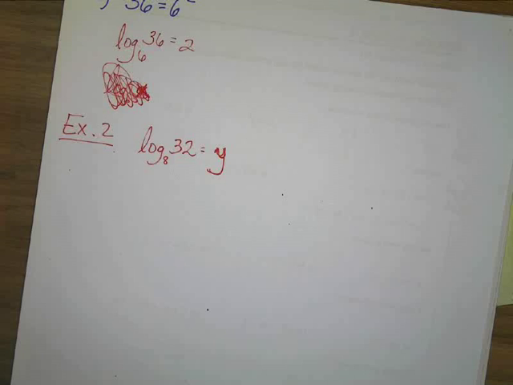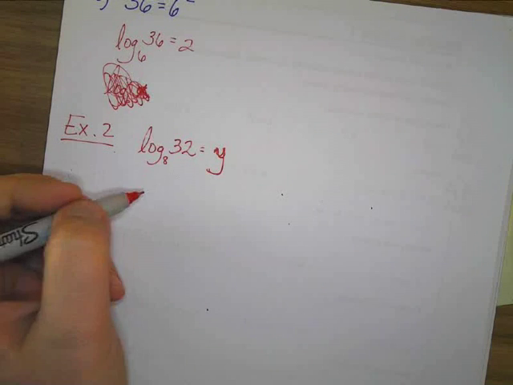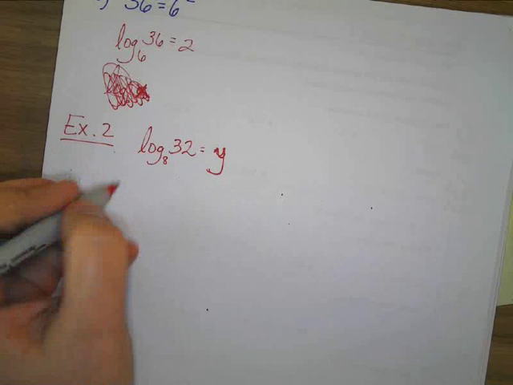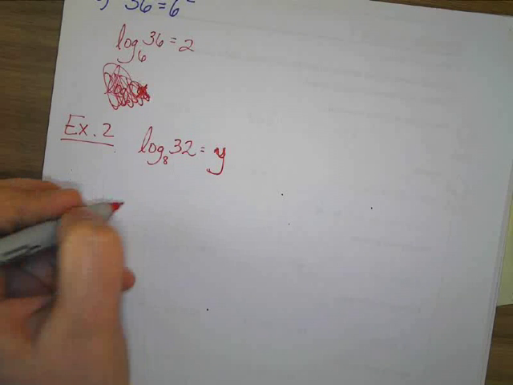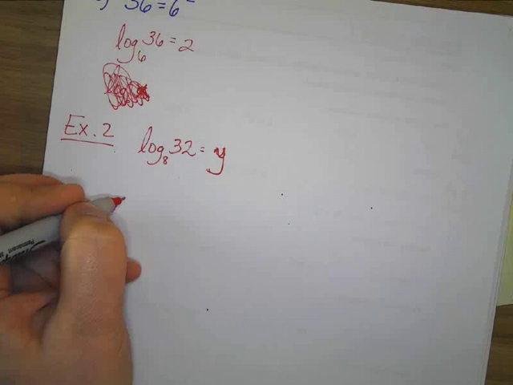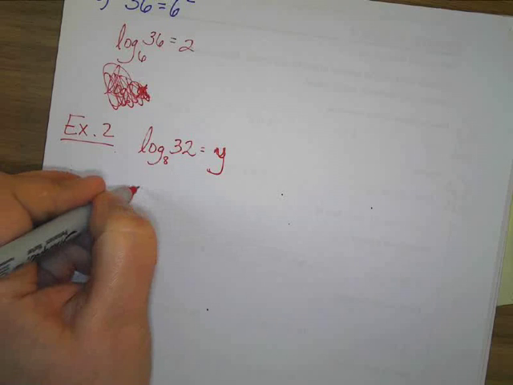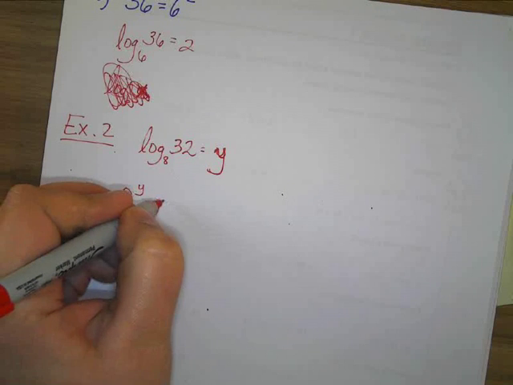Exponential form. So how do I change it to exponential? What's my base? 8. 8 to the y equals 32.